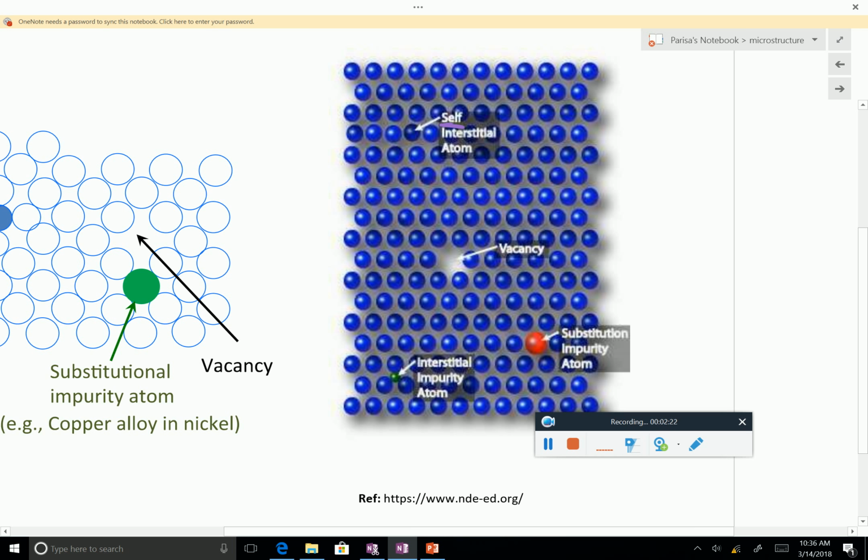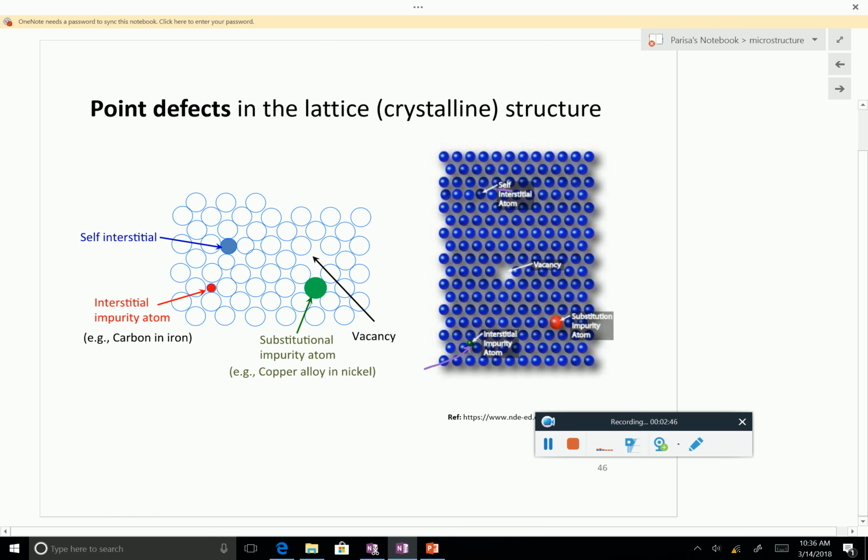Sometimes small atoms come in the space between the other atoms. This is kind of an impurity. And sometimes an atom of a similar size comes and sits in the crystalline structure of a different material. So we have different sorts of point defects.